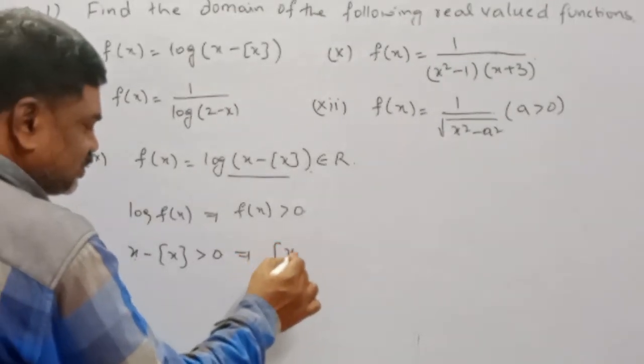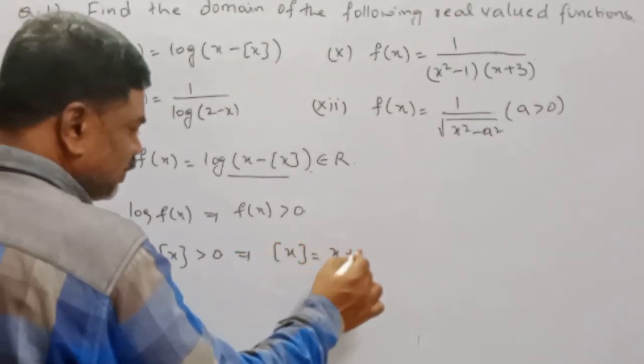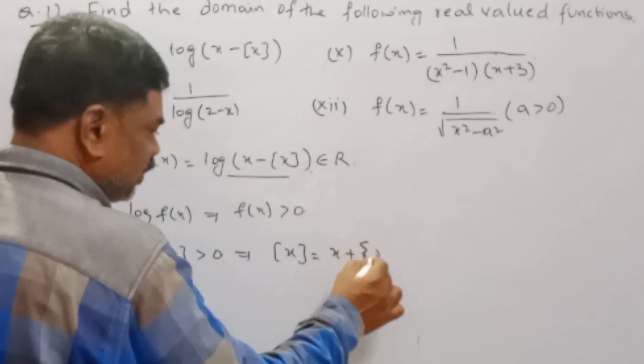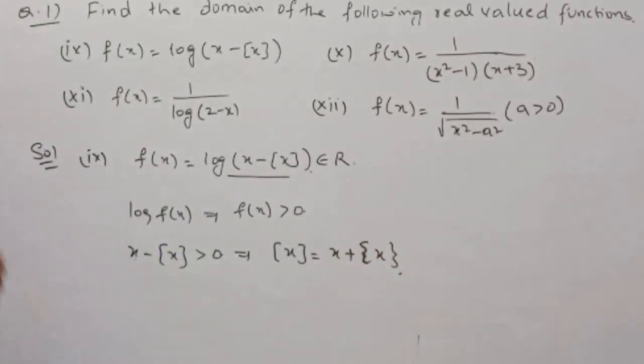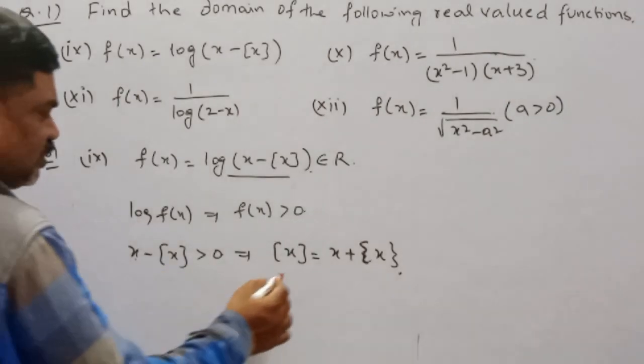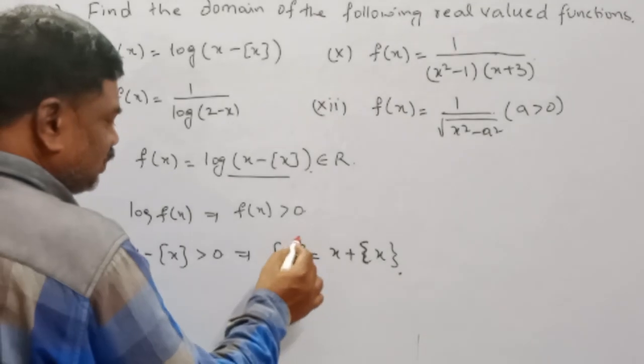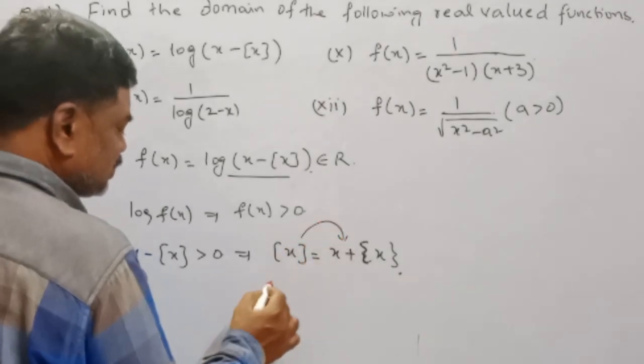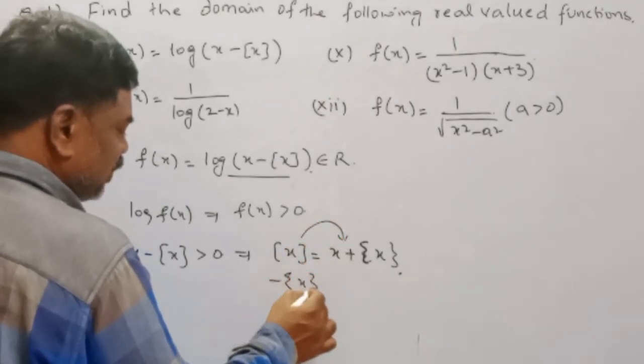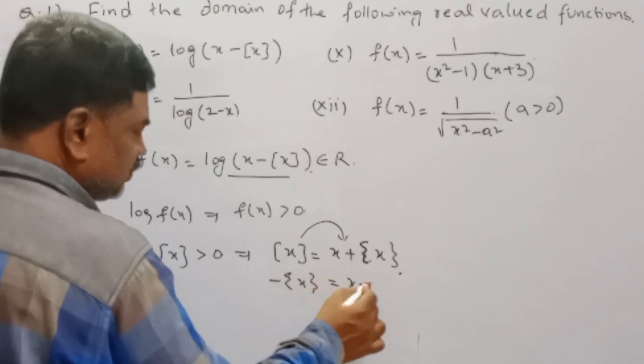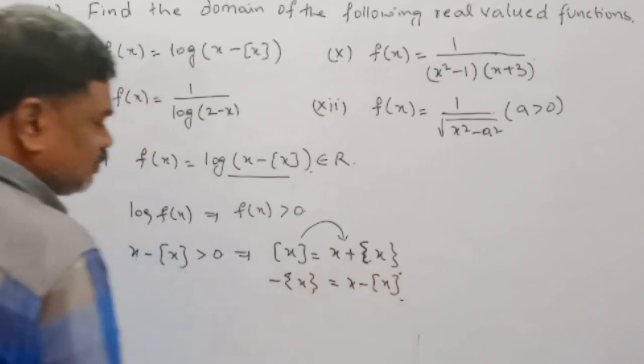Generally, step x is equal to what? X plus fractional part of x. So x minus step x is equal to, you can take to this side, the fractional part of x.